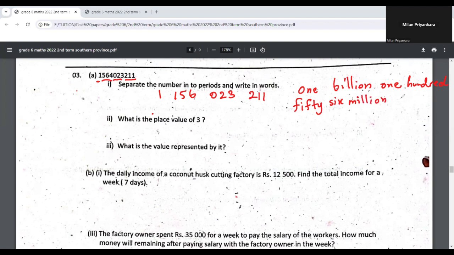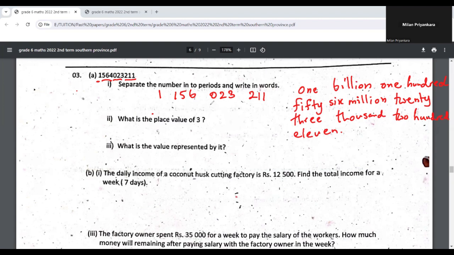And how many thousands? There are only 23,000. 23,000, 211. So this is the final answer for this part 1.